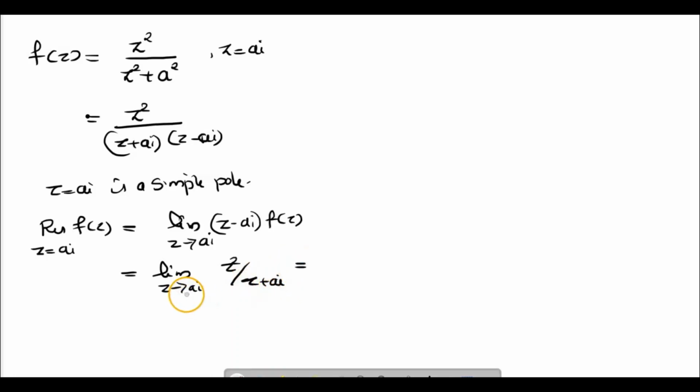Now putting the limit z equal to ai: ai all square is a square i square, that is minus a square, and ai plus ai is 2ai. This is minus a divided by 2i, and 1 by i is minus i, and minus minus is plus. So ai by 2 is the residue.